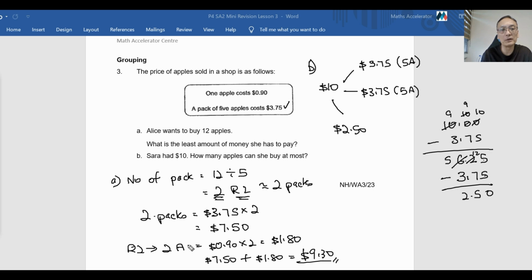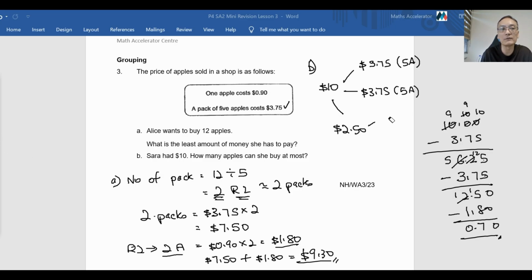I think at most we can only get 2 apples, right? 2 apples we know is 180. Let's see. We minus 180. 15 minus 8 is 7. Yes, confirmed. We only have 70 cents left. So that means we can only buy 2 apples.